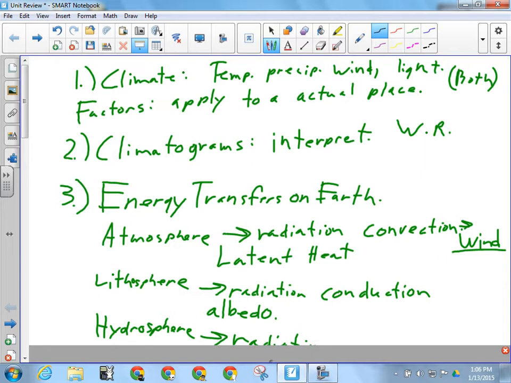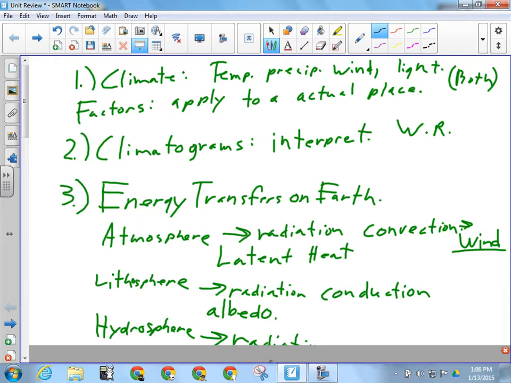The last thing is done by the little green things. No, we got absorbed. Converted with the process of photosynthesis. Okay? Should we remember the 3 things that can happen to energy when it strikes the Earth's surface? We definitely should. Okay? Because those 3 things kind of influence all of this stuff, right?